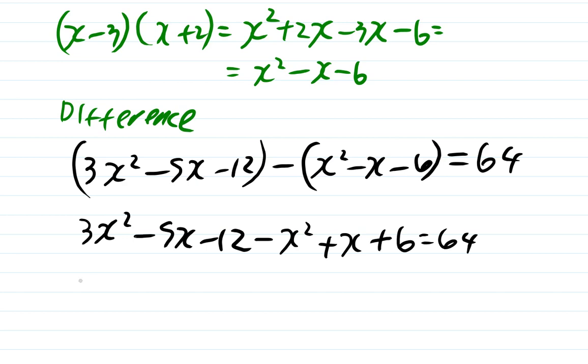Put like terms together. X squared terms: 3x squared minus x squared gives you 2x squared.